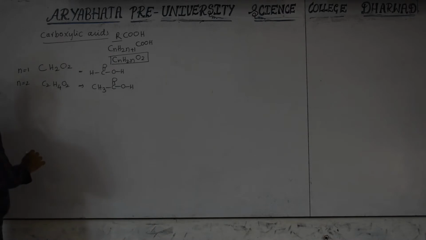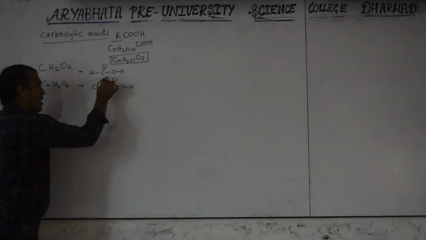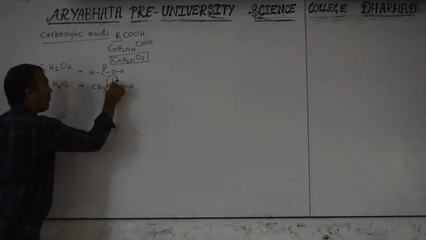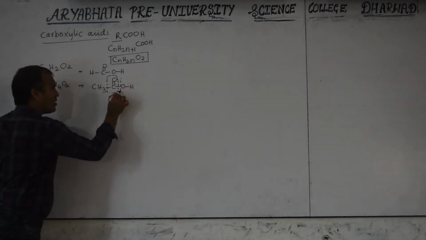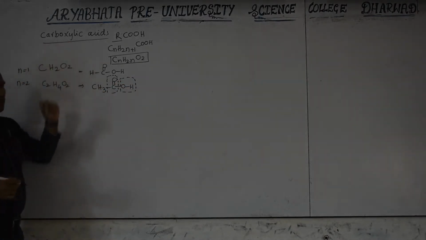Now, in carboxylic acids, this is the carbonyl group part, and this is the hydroxyl part. Therefore, it is known as a carboxylic acid.